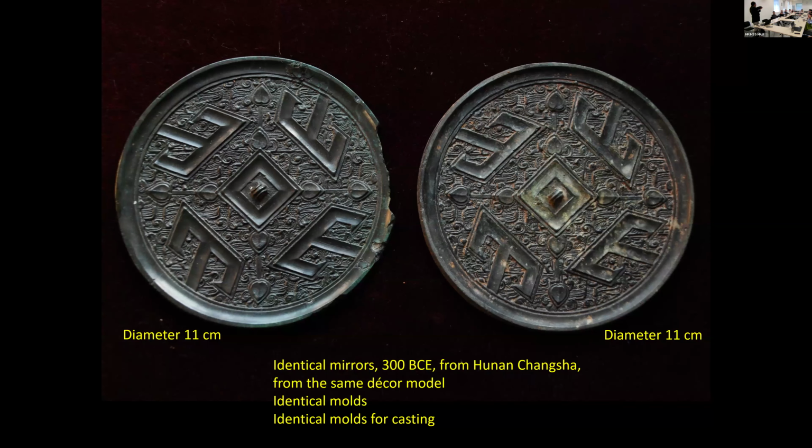You pack clay upon the model, and it absorbs all the decorative patterns, so it is mirror-reversed, in negative. As long as the decorated model doesn't break or deform, you can pack clay upon it multiple times and have multiple identical molds.